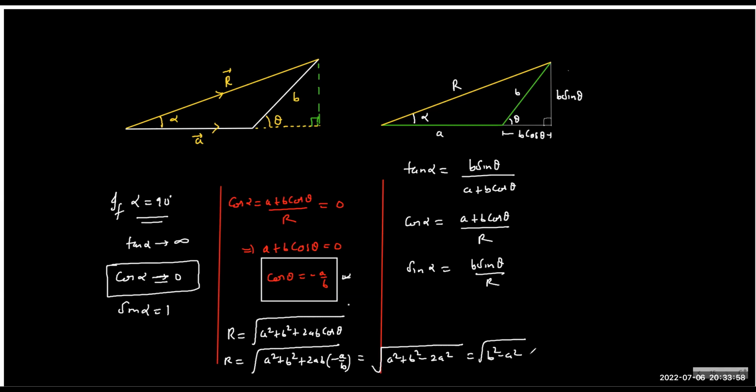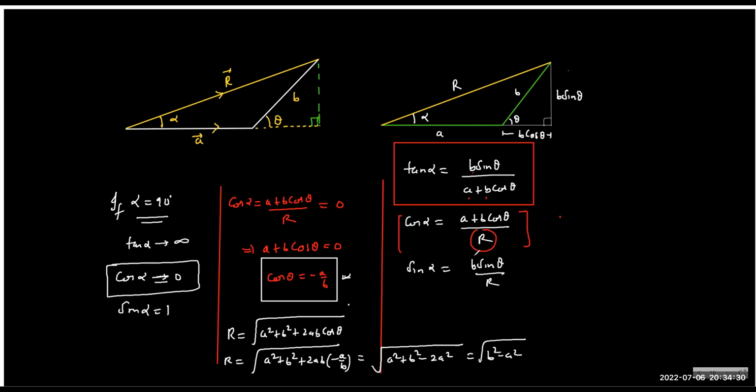But what are the benefits? They may give you the alpha value and ask you the theta value. That's also possible. Given the alpha, they can ask you theta also. So you can choose any formula, but the best formula is this. Why? Because here we are not using R, we are using A and B. The other formulas use R, so I need to calculate R first, which is again complex.